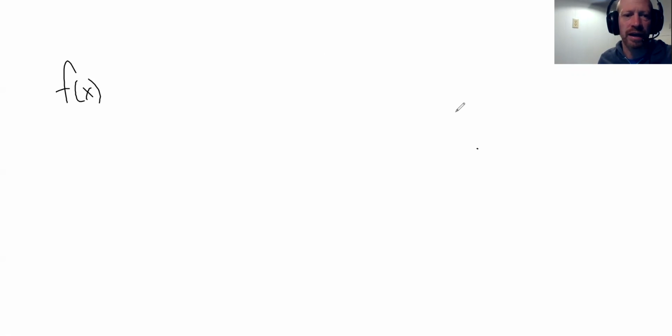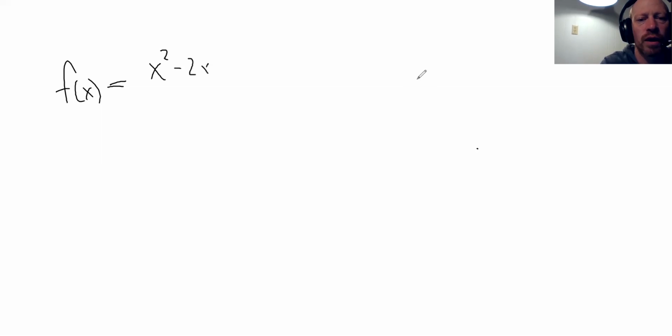So let's look at one that's got a little bit of a complication here, since we've done some of these already. Let's look at x squared minus 2x minus 8 all over x plus 3.